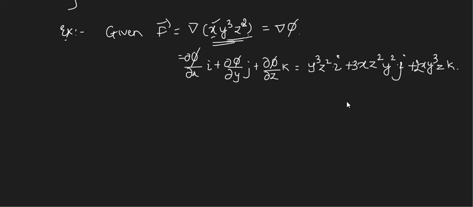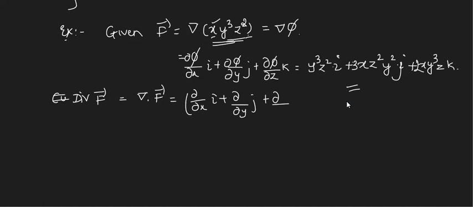This is my f, now a vector quantity. What is to be found is divergence and curl. So how is divergence defined? Divergence is del dot f. Del is dou by dou x i, dou by dou y j, dou by dou z k, dot product with y cube z square i plus 3x z square y square j plus 2x y cube z k.